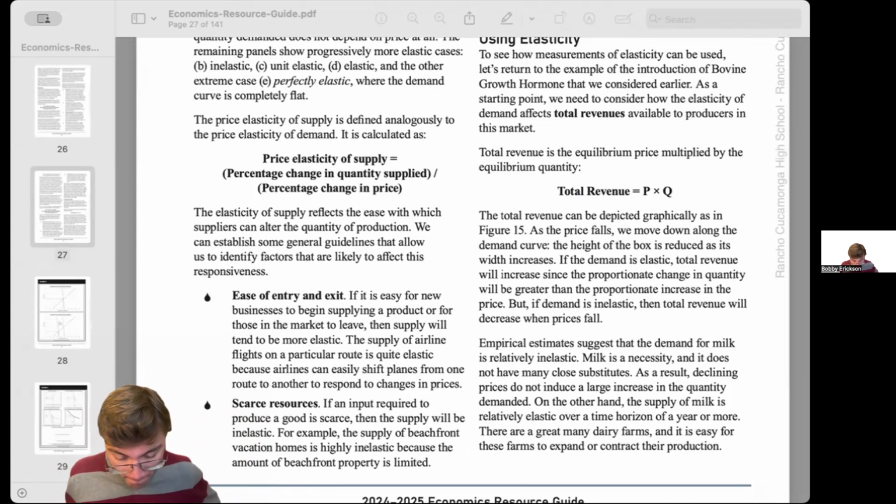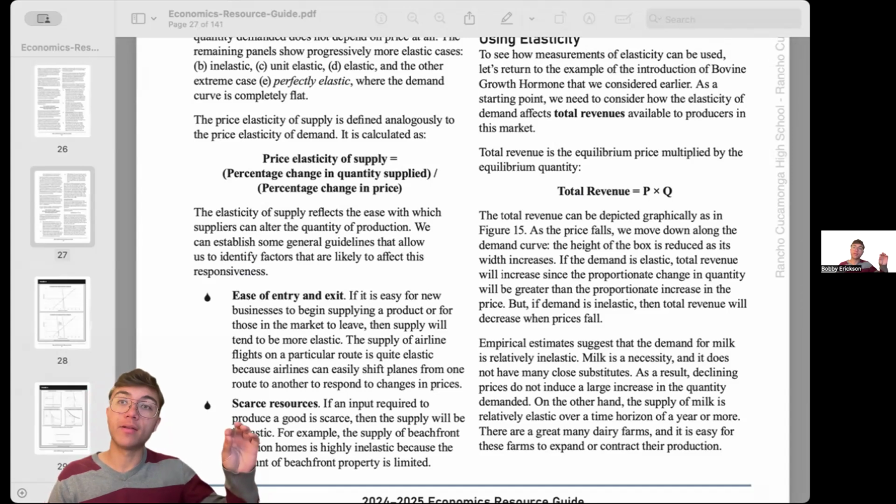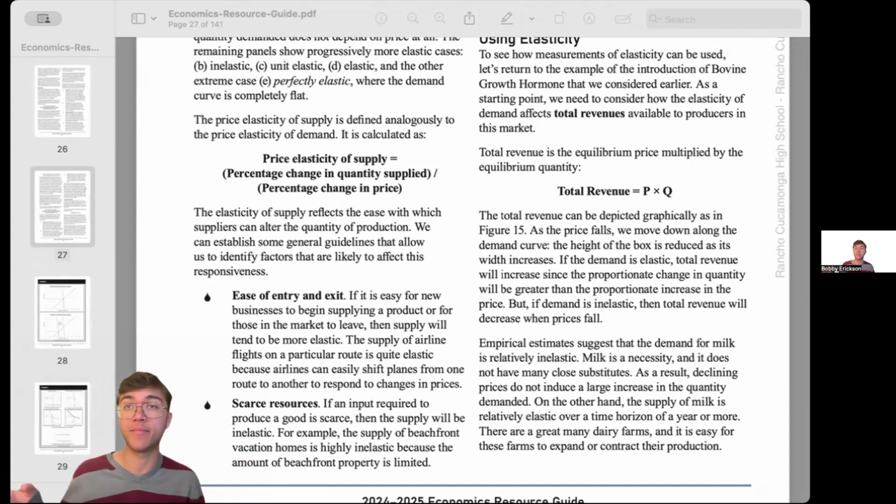Now, if it is easier to leave, then for a lower price, or a price decrease, people are able to supply considerably less.